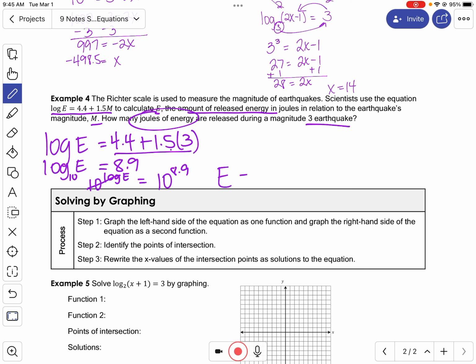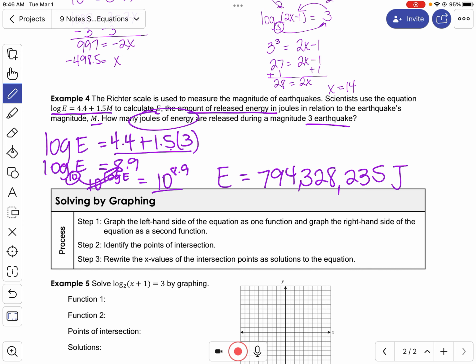I'm left with E. On the calculator, all I would need to do is 10 raised to the 8.9 power, which is 794,328. A very large number, and that's in joules. I just typed this into the calculator. You could have also changed this to exponential form. You would have gotten 10 raised to the 8.9 equals E, which is the same exact thing that we ended up getting.